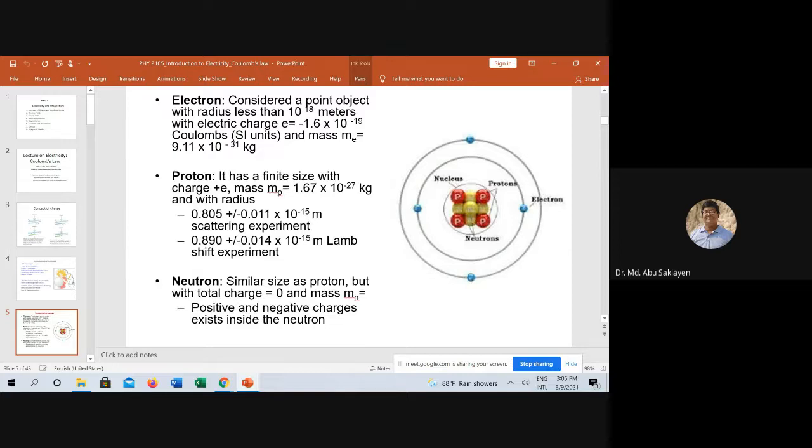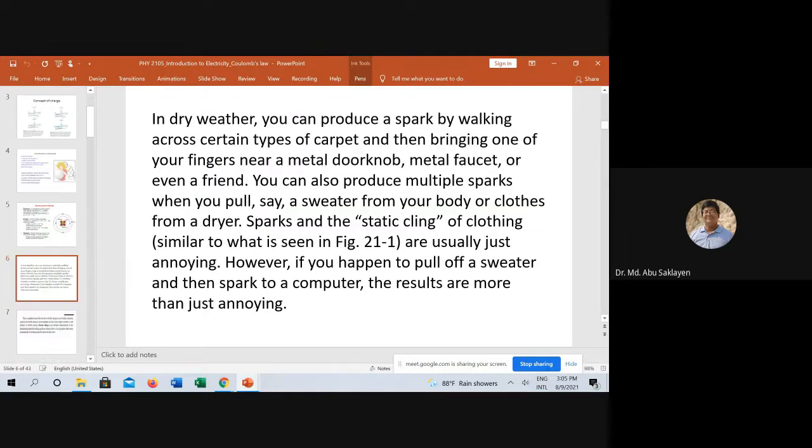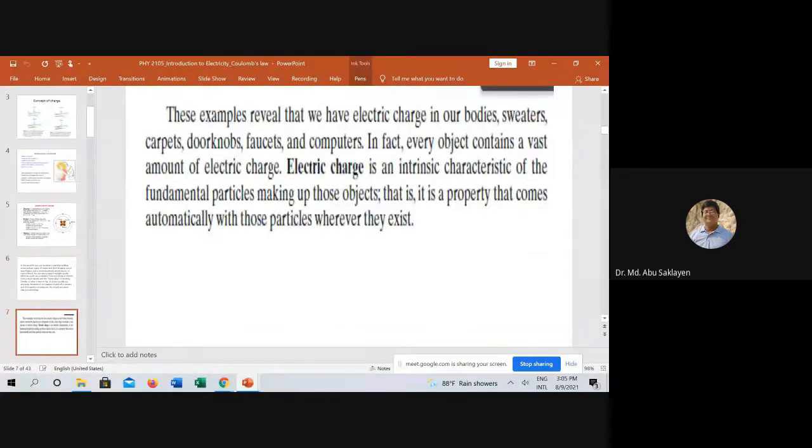Do you understand me? So nobody can newly take the charge out from there, or insert any charge into it. So this is the elementary property. We got it: electric charge is an intrinsic characteristic of fundamental particles, which objects are made up of.